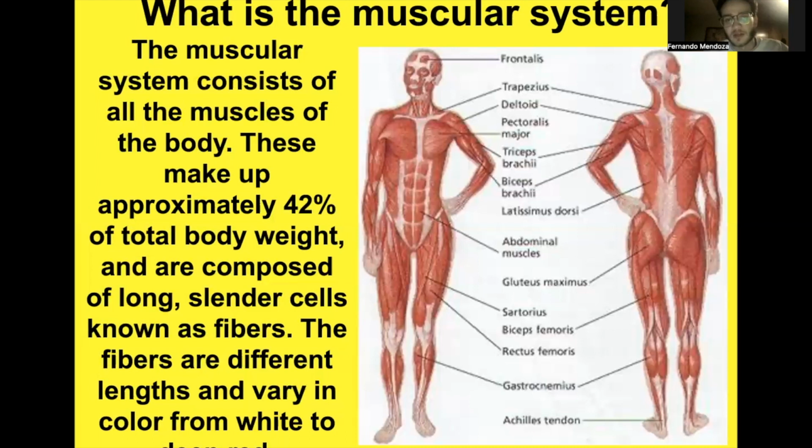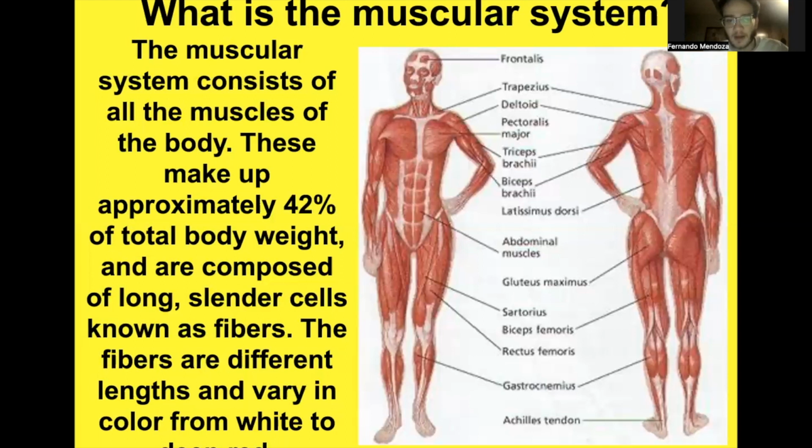That's almost half of our own weight. So, for example, if I weigh 100 kilograms, the approximate mass of my muscles is going to be 42 kilograms. And these muscles are composed of long, slender cells known as fibers.